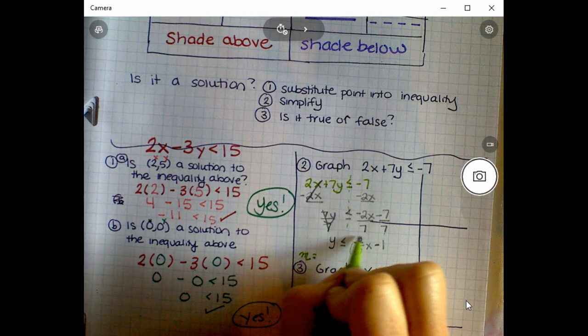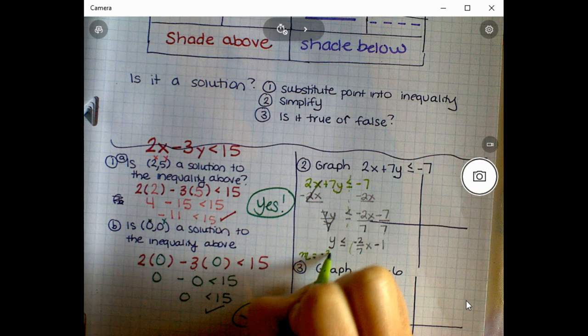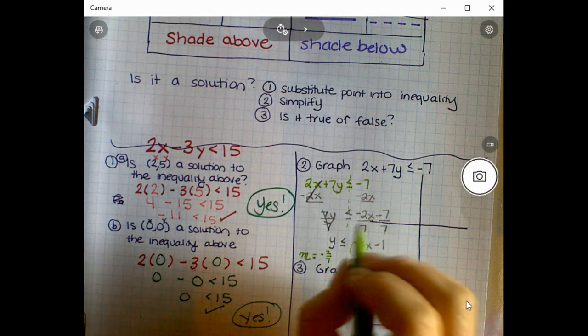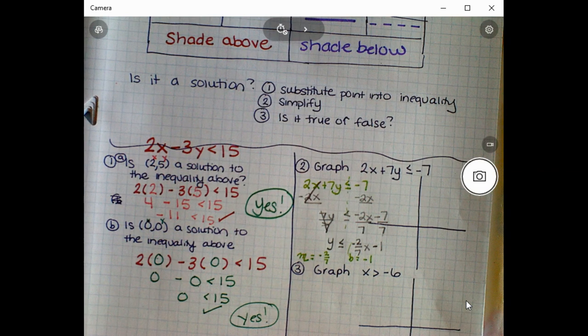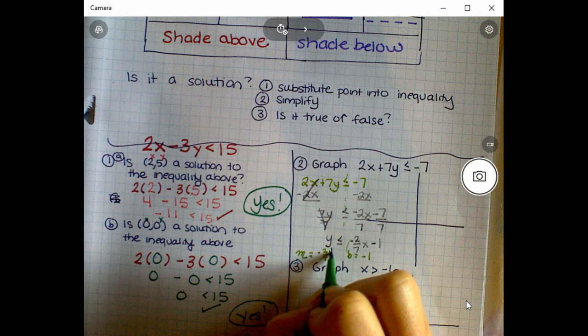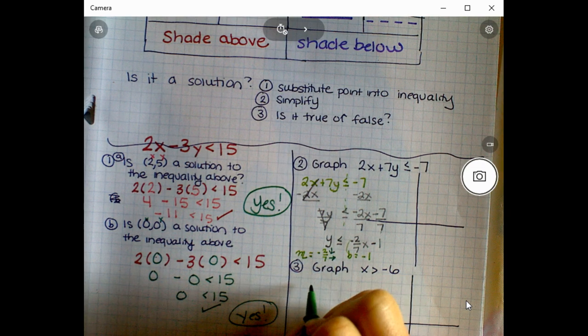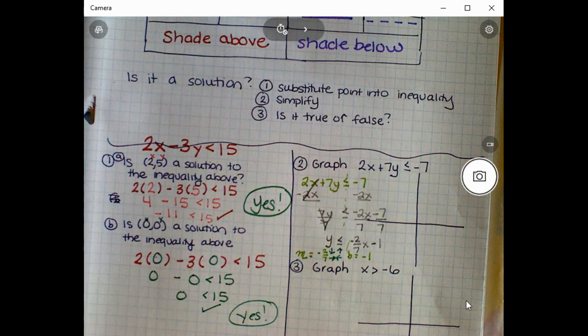The slope is the number in front of the x, the coefficient of x. So negative 2/7 is the slope. The y-intercept is negative 1. And before we move on, just to clarify, negative 2 over 7 means down 2 to the right 7. But it could also mean up 2 and to the left 7. So we'll use whichever one works the best.